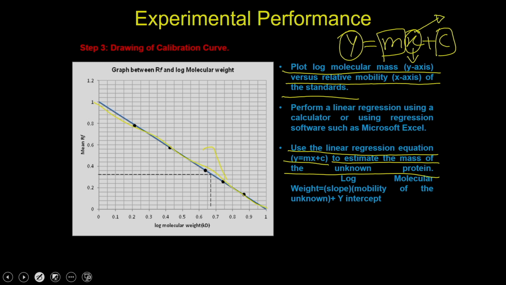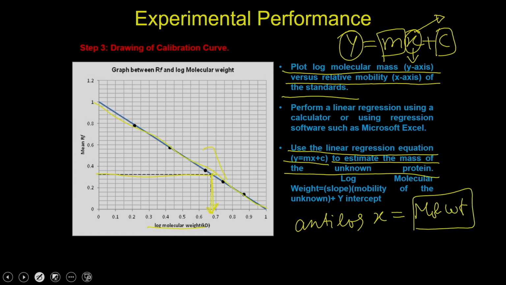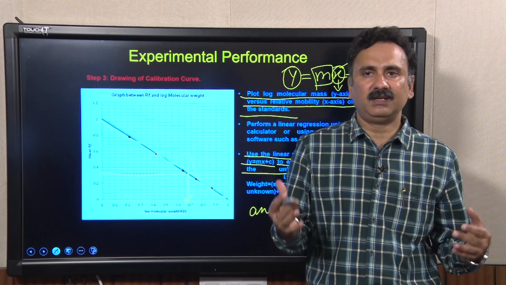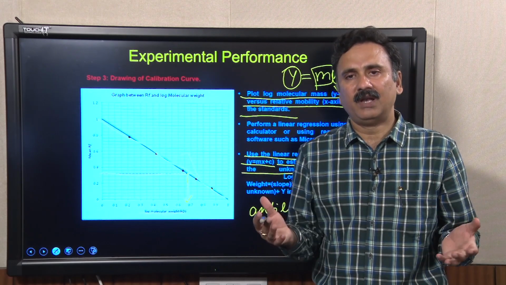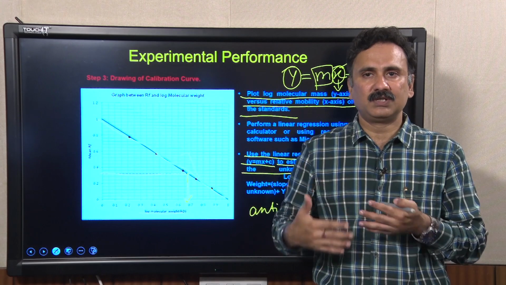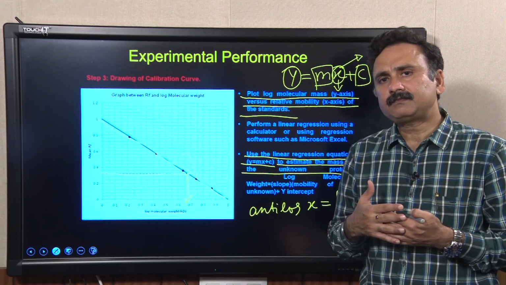The alternate approach is that you draw a perpendicular, and wherever the perpendicular hits this curve, you get the value of x, and since this is a log, you take the anti-log of that value, and that is going to give you the molecular weight of the protein of your interest. So, this is a simple method of determining the molecular weight of a protein utilizing SDS PAGE.